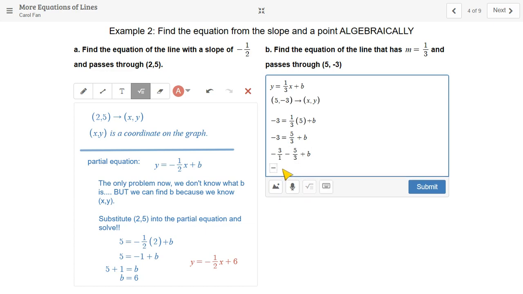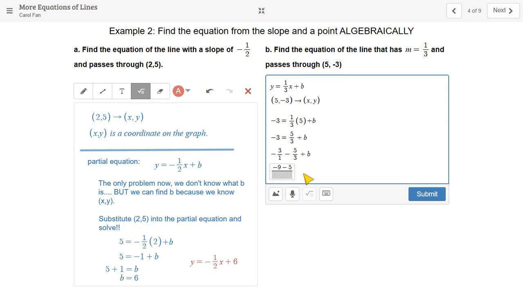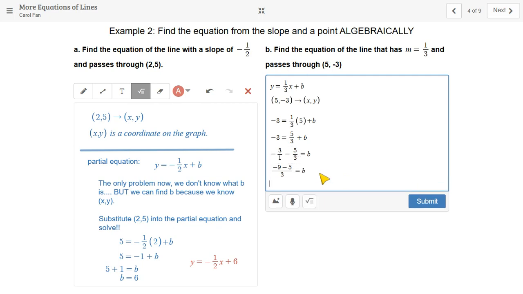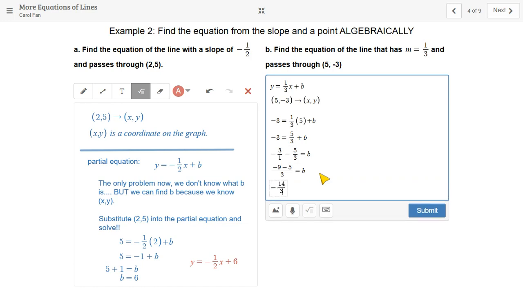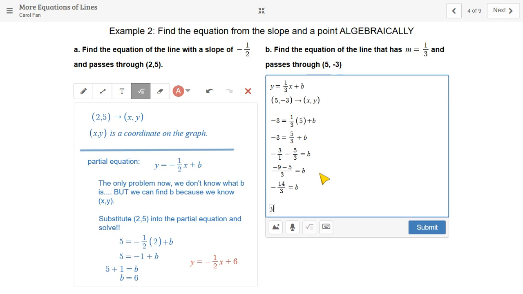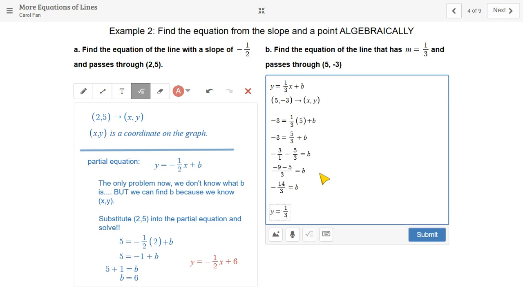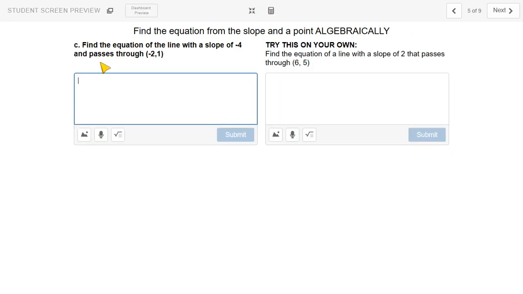We're going to multiply the top and bottom. So negative 9 minus 5 all over 3, and this is equal to b. Negative 14 over 3 is equal to b, and our equation is y is equal to 1 over 3x minus 14 over 3. Let's do one more example here.